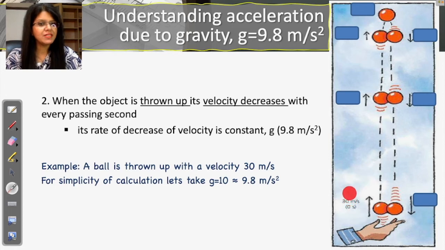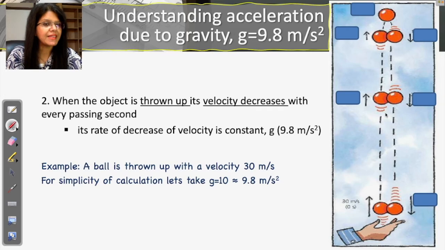So if the velocity is decreasing at a rate of 10 meters per second square, what will be the velocity after the next 1 second? These pictures are clicked at an interval of 1 second. What is the velocity at this location? The initial velocity was 30. After 1 second, as it goes up, it decreases by 10.